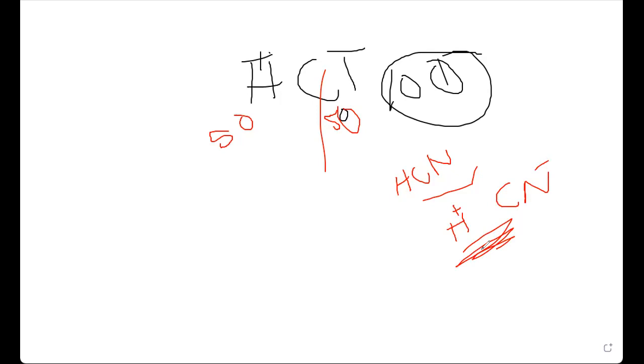But on further research, we checked that if we use, for example, 1,000 molecules of HCN, we are getting only 10 H positive ions and 10 CN negative ions, not molecules, these are ions.